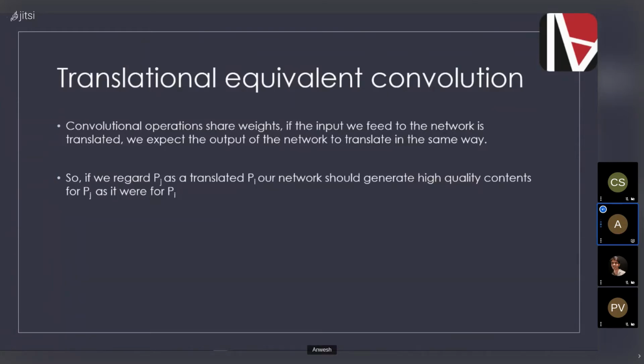So let's say the frame Pj is a translated form of the frame P1. Then our network should generate the same quality of content for Pj as it does for P1. So we don't expect much of a difference. We just expect that the image will be translated as in the input image, and then the object will be removed.